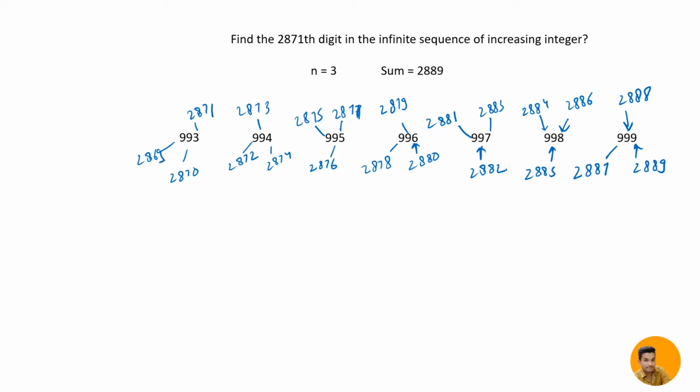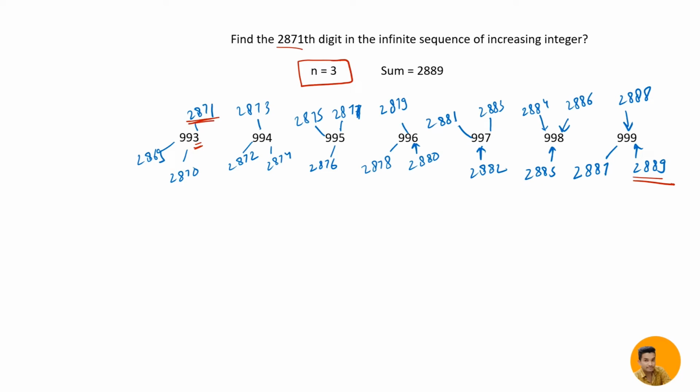And we are interested in finding the 2871st digit, and this is the 2871st digit. So we have found that n equals 3-digit numbers, and this is 999, which ends at 2889. We need to find the 2871st.